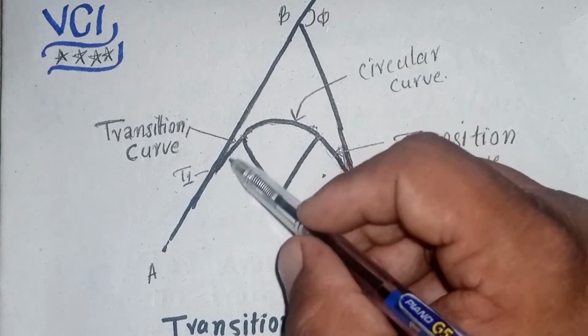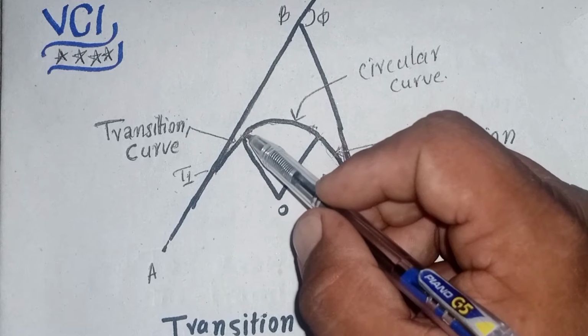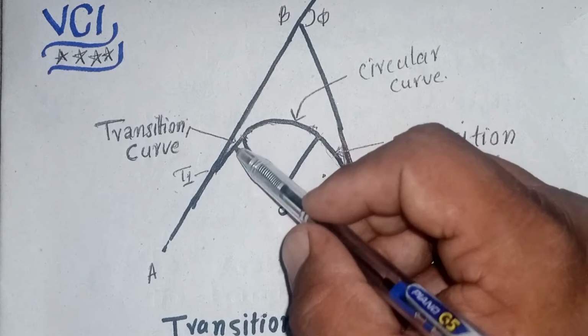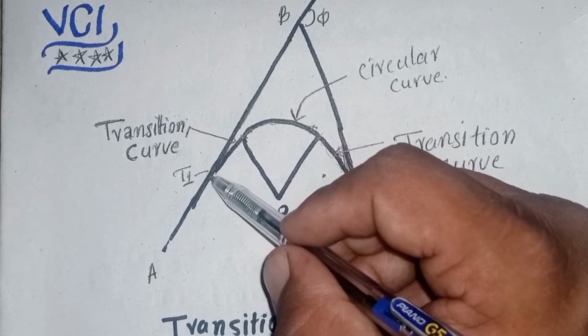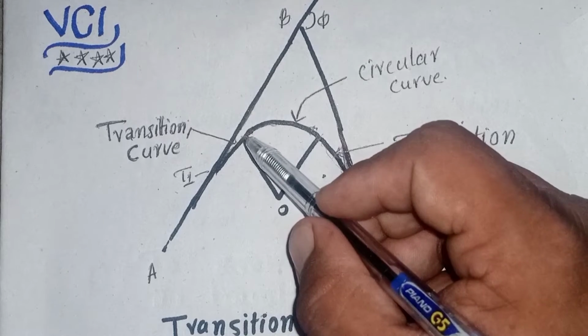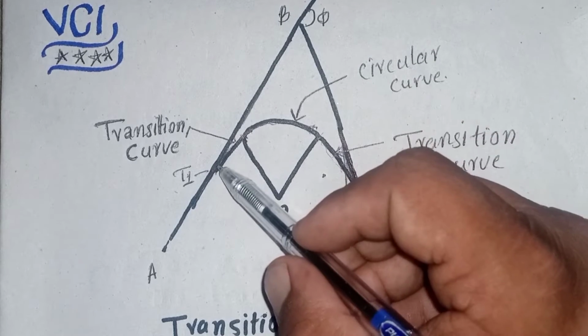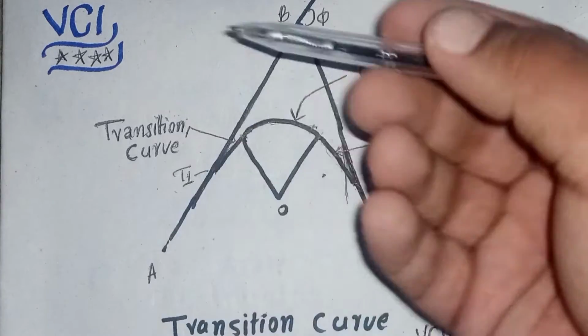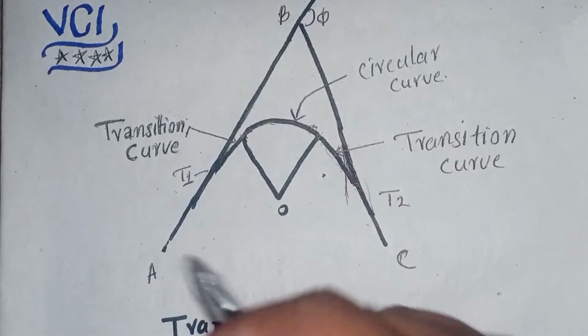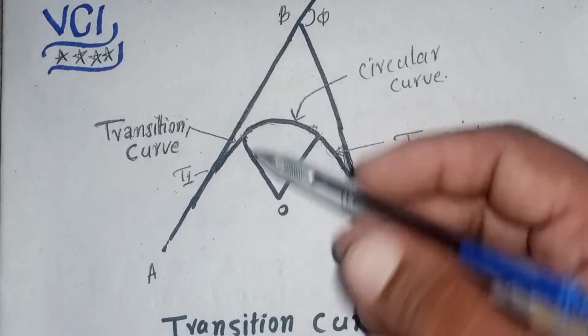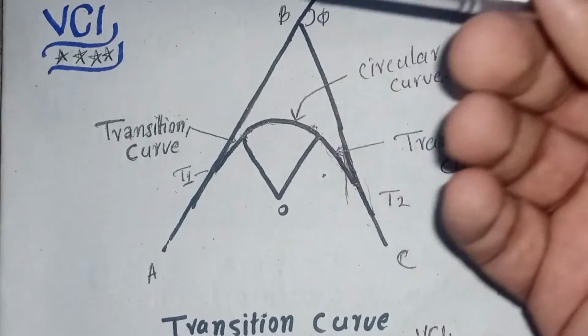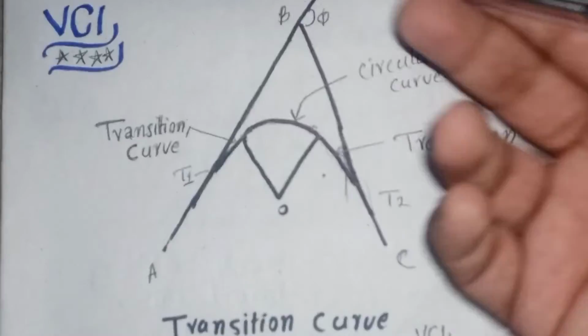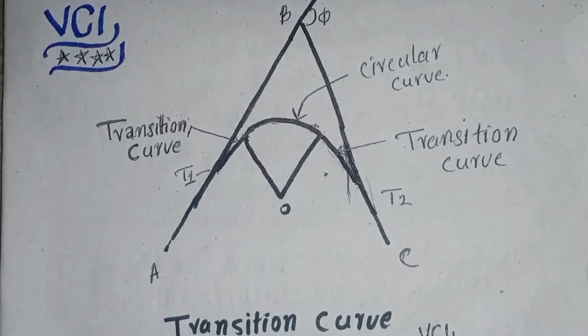We want to join the tangent line with the circular junction, so we provide a curve. That curve is called a transition curve. For this purpose we get easement and a change in the direction of a route.